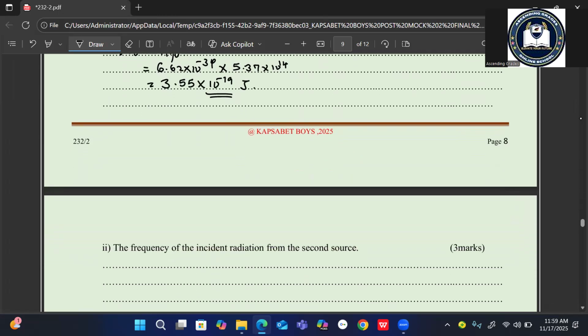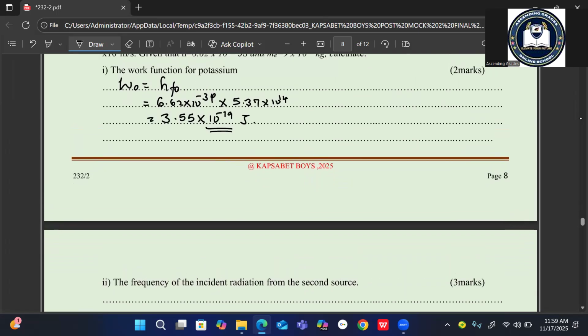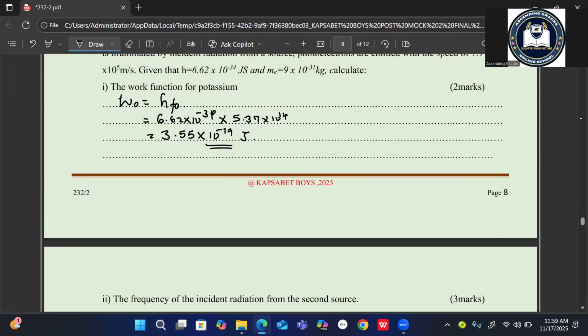Then our part 2, you are told to calculate the frequency of the incident radiation. So we are now responding to this question.